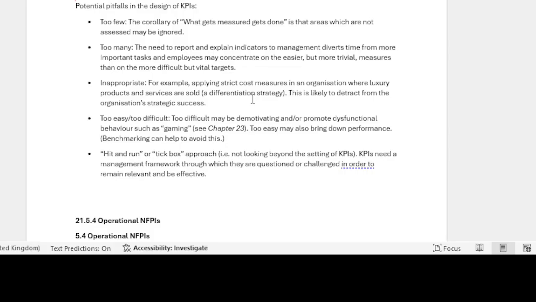If we are selling expensive luxury cars, and we are trying to minimize the costs that we incur, but remember, these are luxury products, then you have to make it appear so luxurious to be able to attract the intended market.